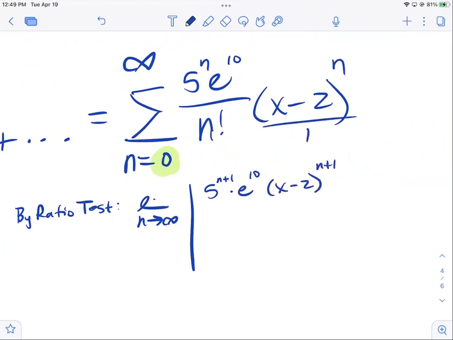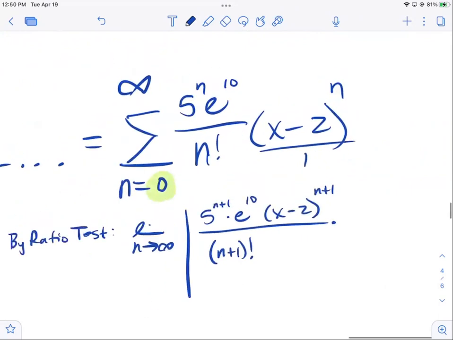That's the same thing as having it in the numerator because it's over 1, all over n plus 1 factorial. And I'll multiply by the reciprocal. So that's going to be n factorial in the top, and then 5 to the n times e to the 10th times x minus 2 to the n.